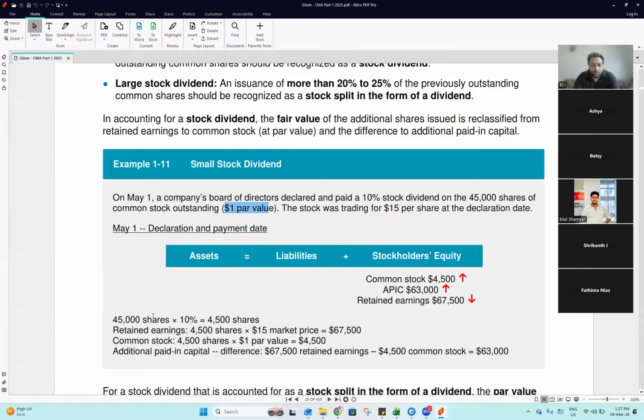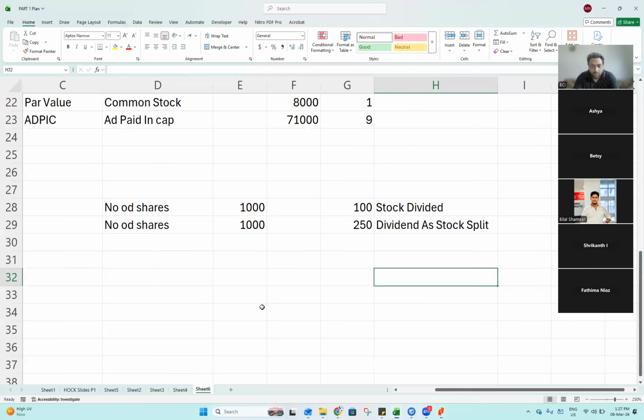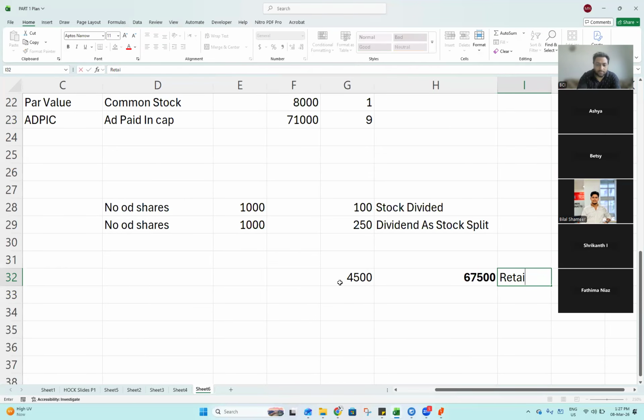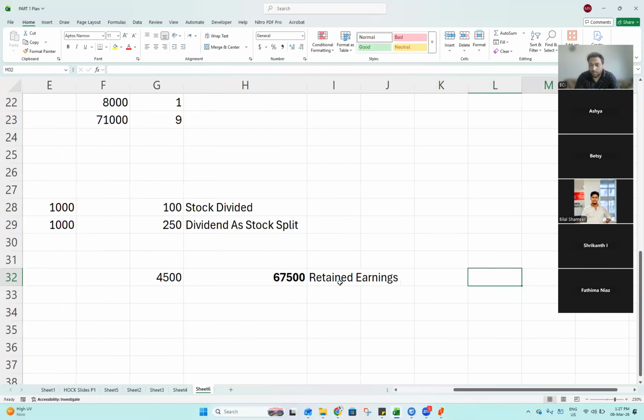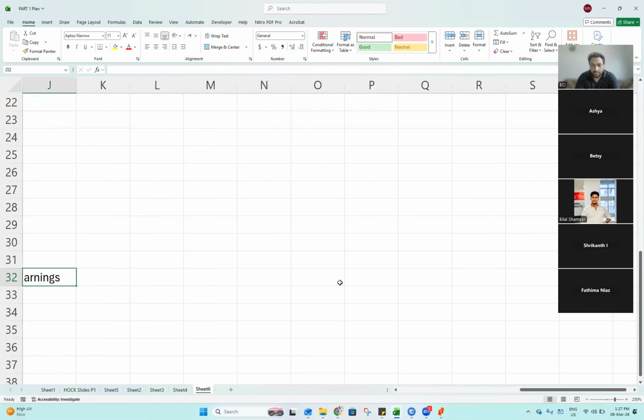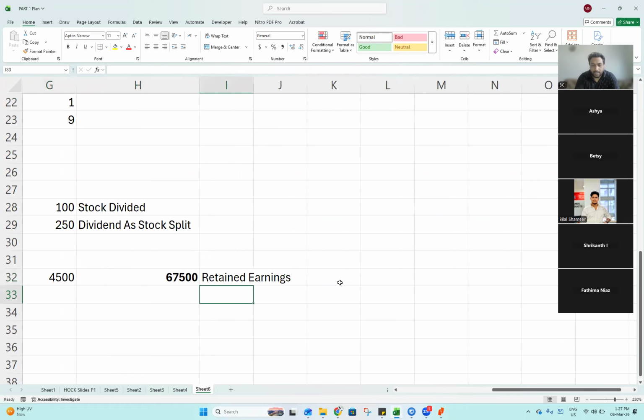Now, 45,000 shares into 10%, that's 4,500 shares we'll be having. So 4,500 shares into 15 is the total value. This will be taken from the retained earnings. Then what goes to common stock?